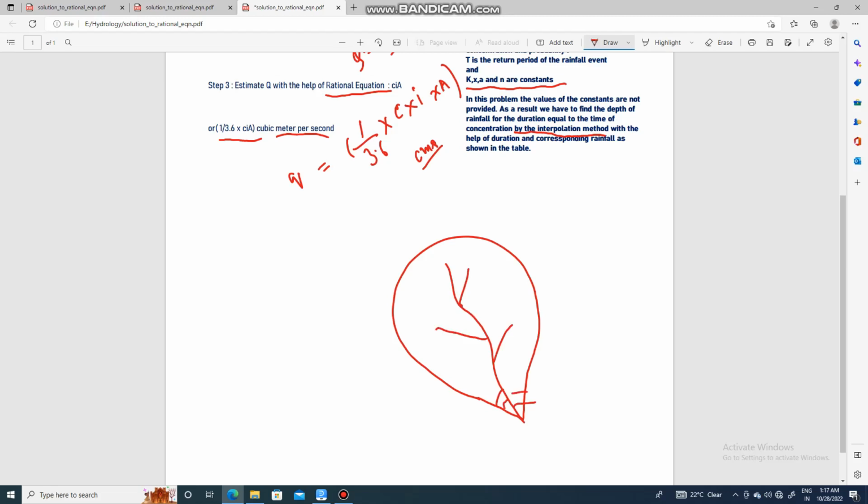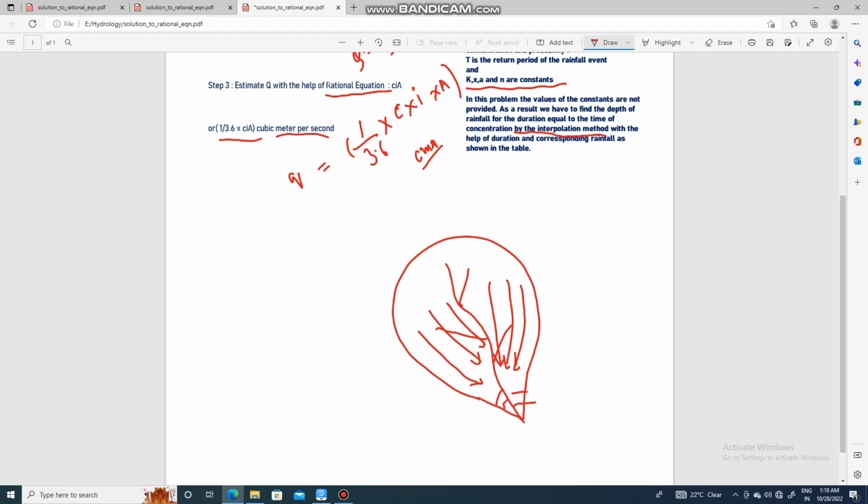Now the area from where water can come into the lowest point of this watershed, or this landmass, is known as the watershed area.